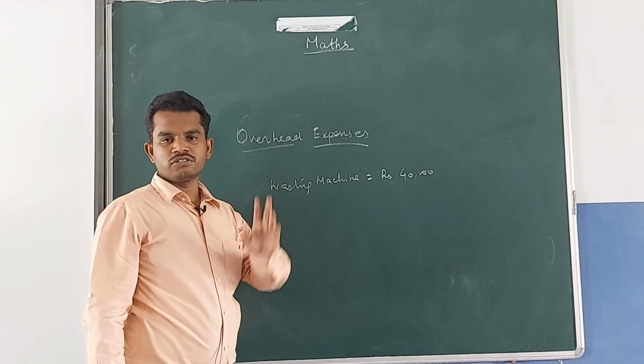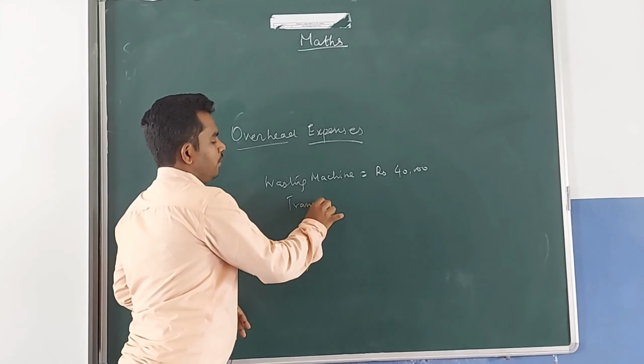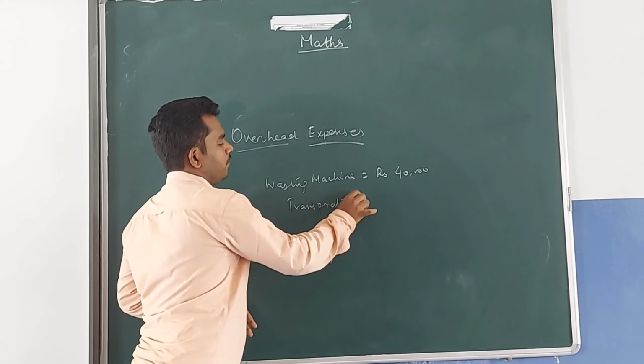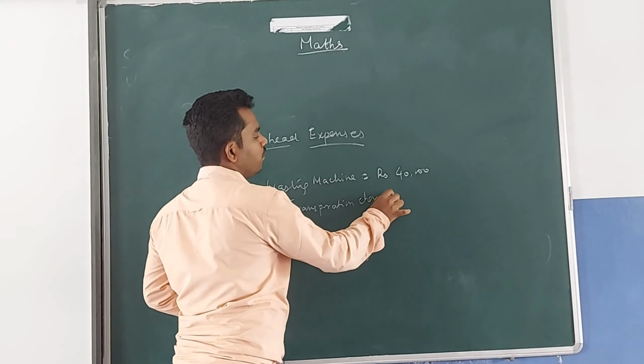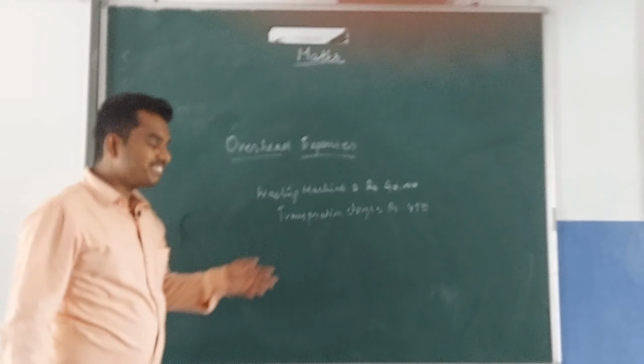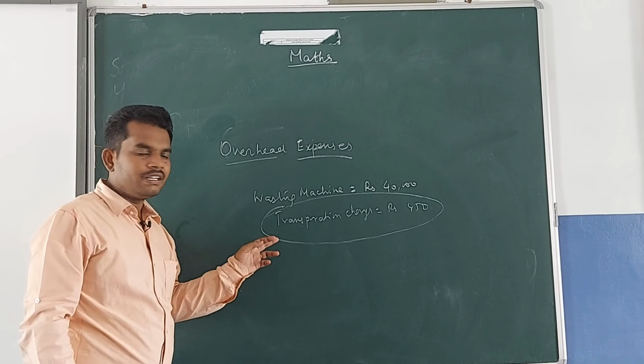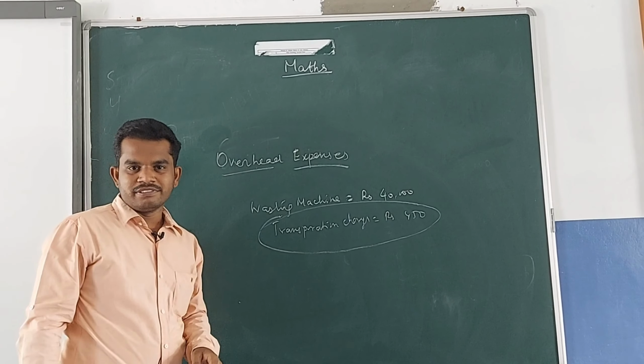Washing machine 40,000. For transportation charge, rupees 450 means that charge is called overhead expenses.